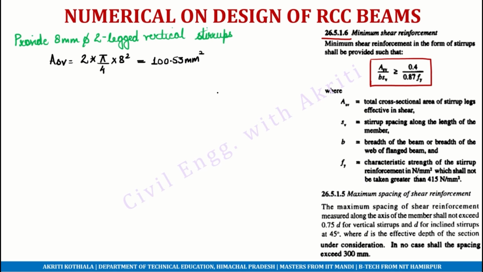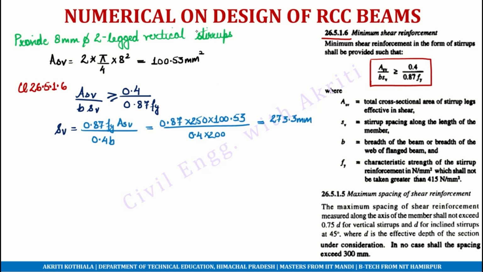Now using this formula from clause 26.5.1.6, we rearrange it to obtain the value of SV, which calculates to be equal to 273.3 mm. So the maximum spacing which we can provide according to this clause is 273.3 millimeters.